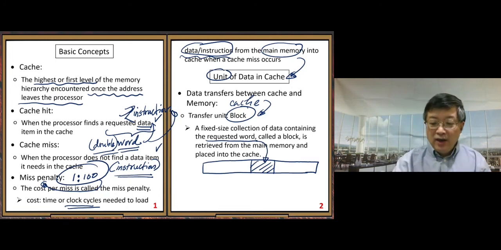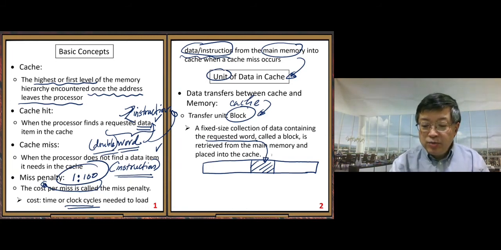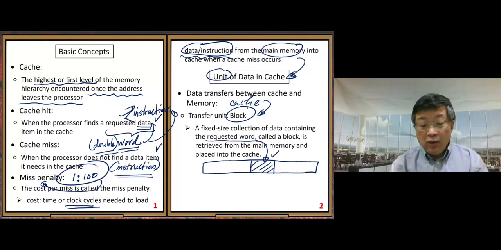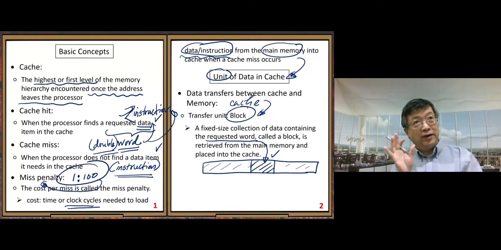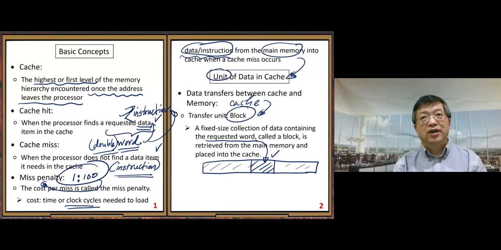Although this particular word is requested, when we load, we want to load more than just this word. We load the whole block that contains this word. You may ask why we load the whole block. The reason is very simple.